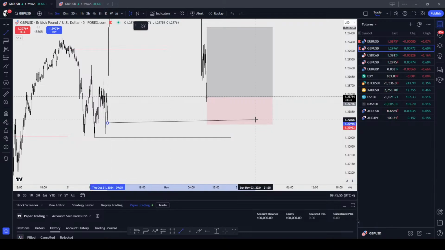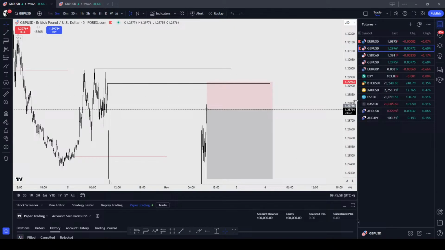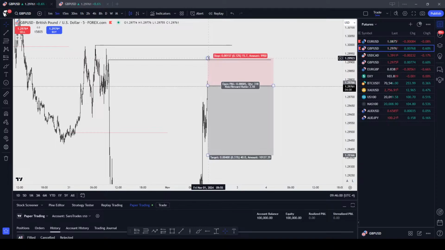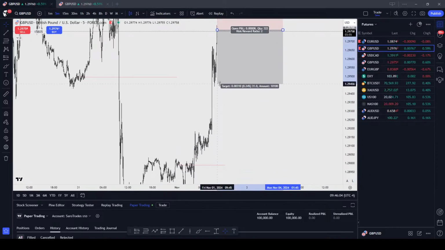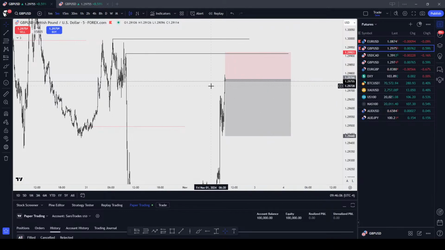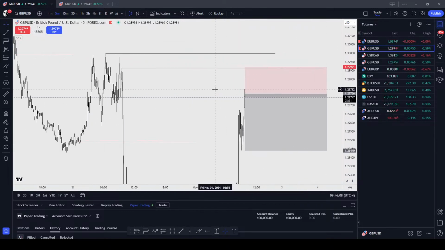Oh, come on. Like this, 15 pip stop loss. It might work, I don't know, but I prefer to go short above this.